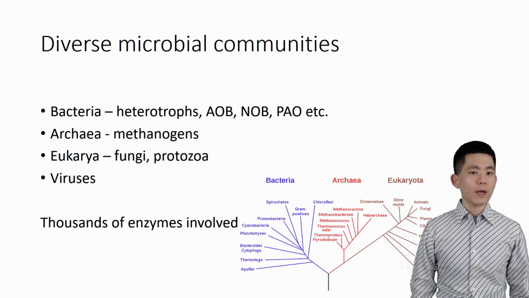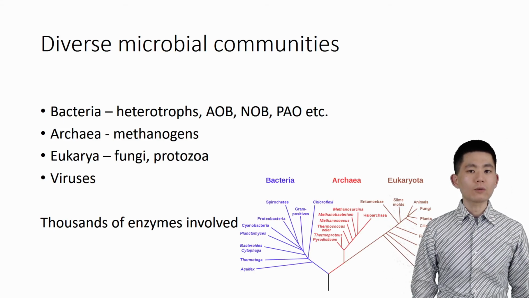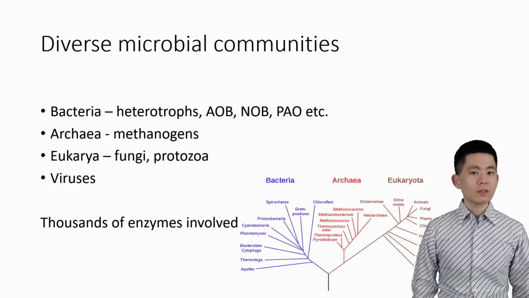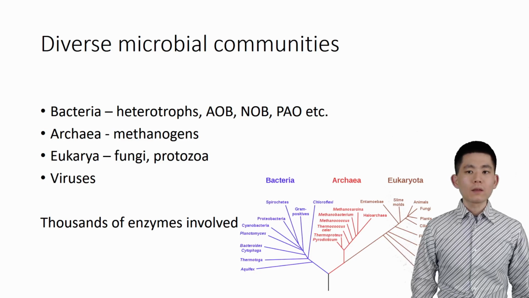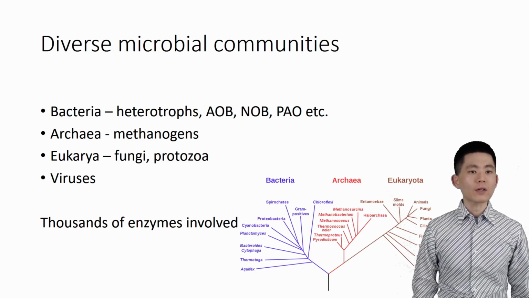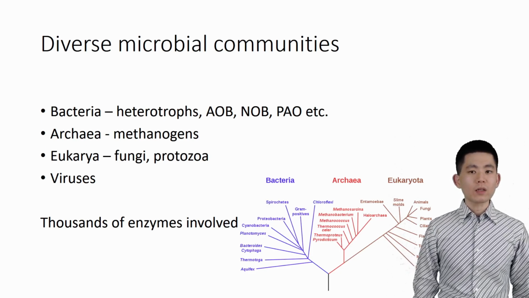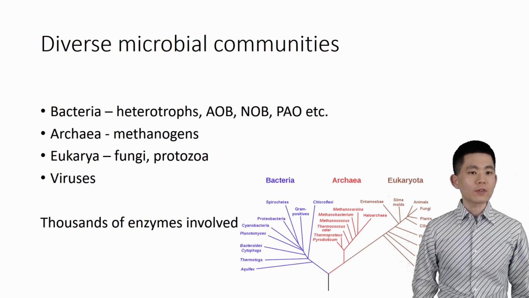In the domain of bacteria, we know there are heterotrophs that break down organic carbon aerobically and anaerobically, like Acinetobacter and Clostridium. There are also autotrophs like ammonia oxidizing bacteria and nitrite oxidizing bacteria. In the archaea domain, methanogens convert acetic acid or hydrogen and CO2 to methane gas.